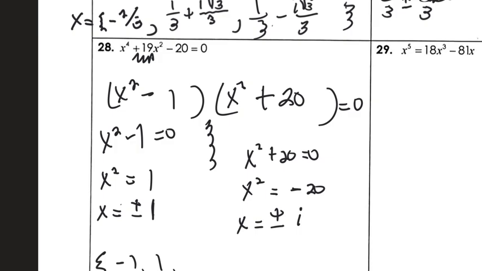Square root of 20, 2 square roots of 5. 2 square roots of 5, I think, is 20, if I'm right. 4 times 5. Okay? And so that's 2 answers. That's negative 2i square root of 5 and positive 2i square root of 5. So altogether we got 4 answers here, which is no surprise since we have a 4 up here for the power.